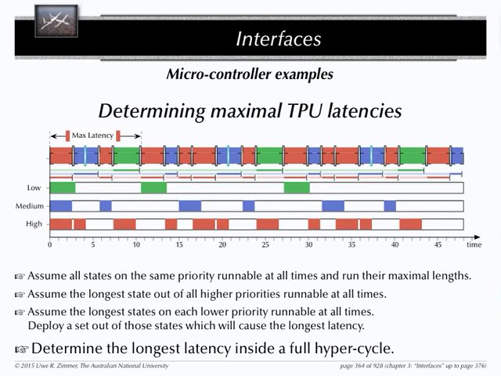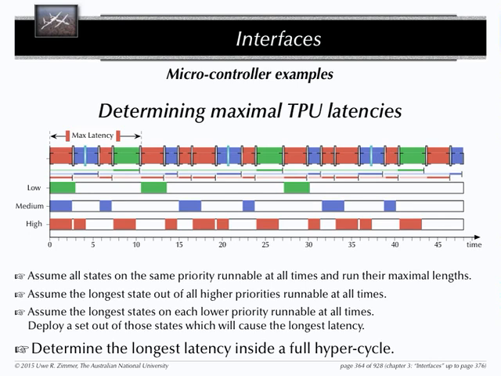So your peers on the same priority level will try to delay you maximally by being on their lowest speed, and they always only execute at their lowest speed. Assume that the longest state out of all higher priorities are running at all times, so only one state on the higher priority you have to consider to calculate the maximum latency. Makes sense, because this one state can interrupt you every time.